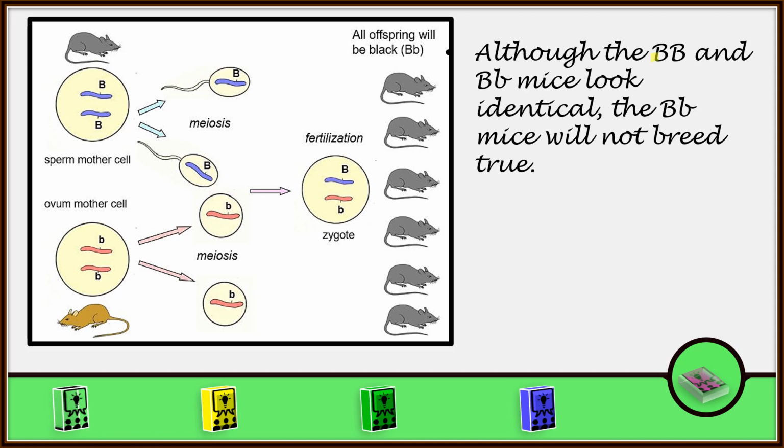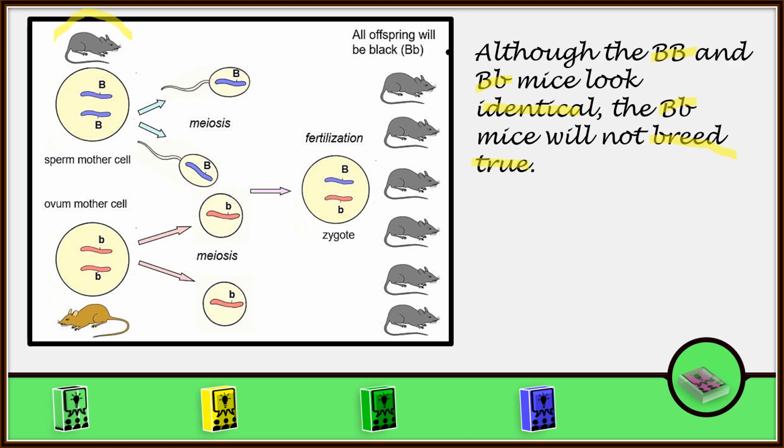Although capital B capital B and capital B small b mice look identical, the capital B small b mice are not true breeding. They don't breed true.